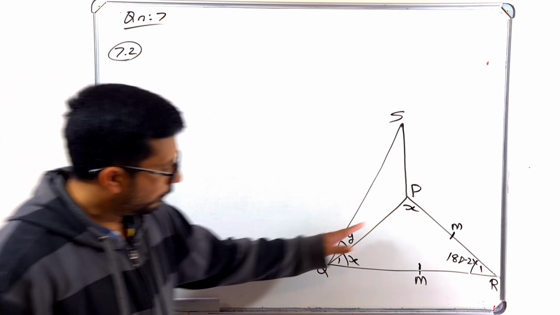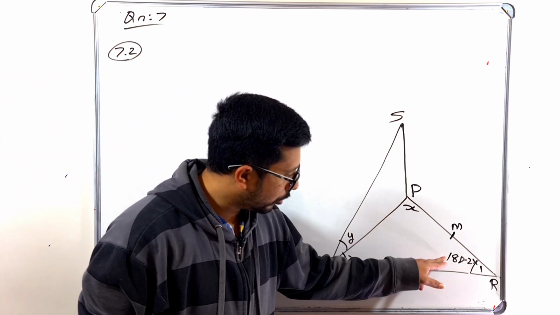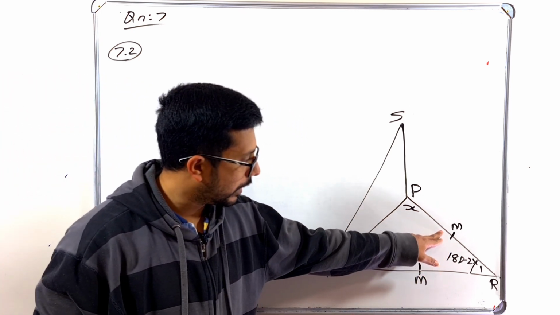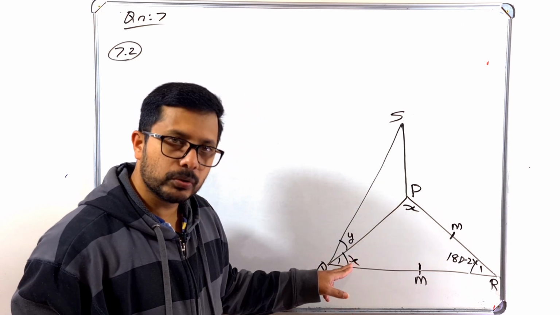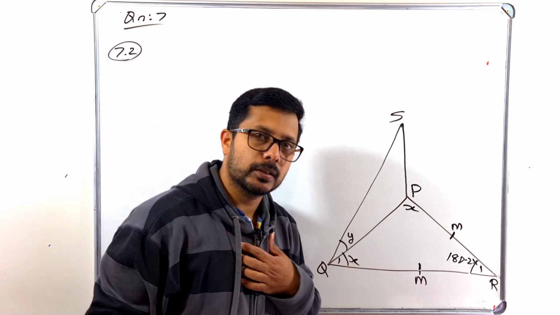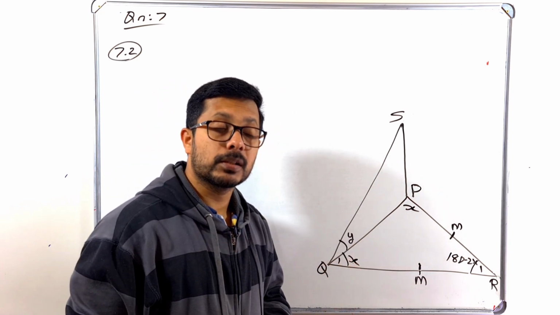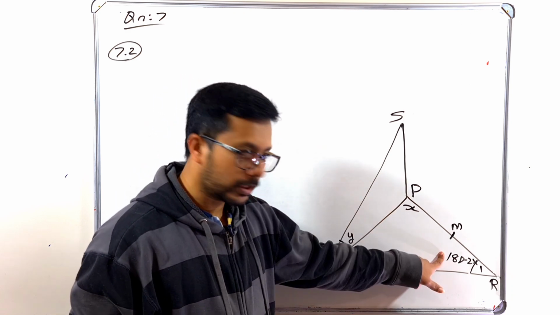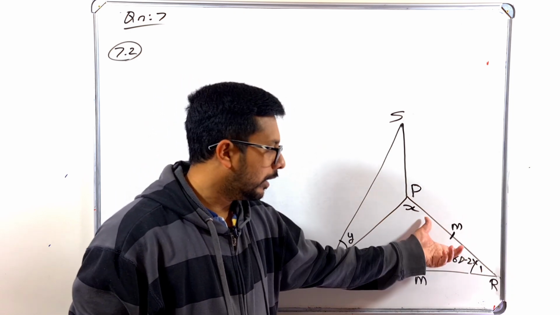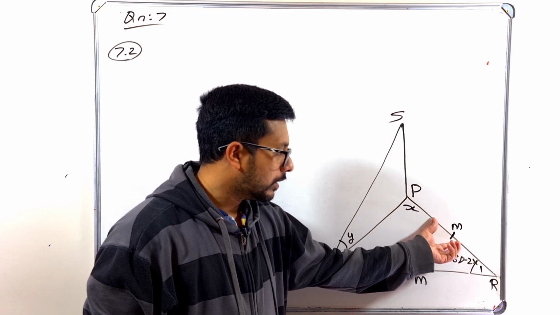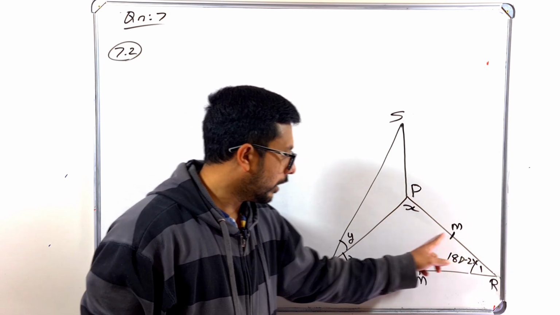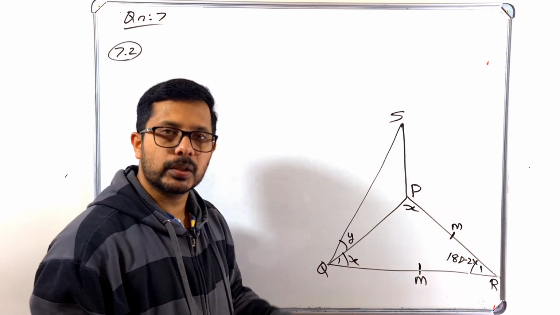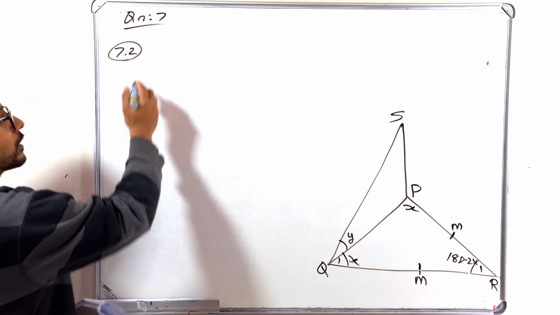So we have to find PQ. We know the opposite angle, and we know this side m and the angle x. So which formula is better? Sine rule. This side you have to find, you know the opposite angle 180 minus 2x, and another side, m, whose opposite angle is x. So I am going to apply the sine rule there.